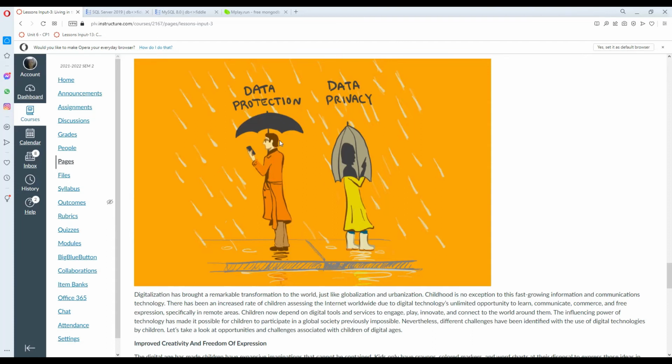Although these two are almost similar, they have different functionalities or purposes. Data protection is to protect the actual data going in and out of the internet. Data privacy is to hide personal information that might cause someone to steal your particular identity.